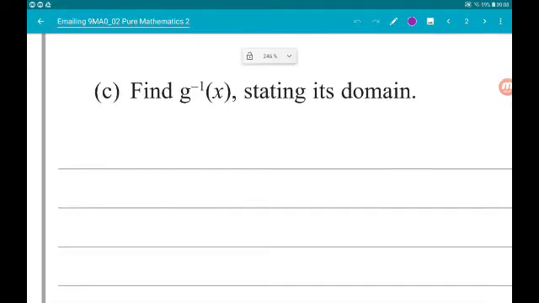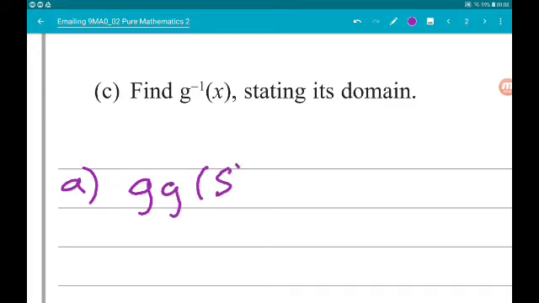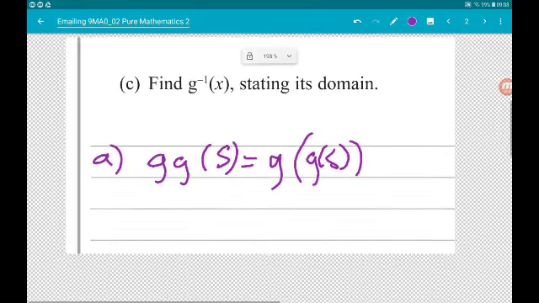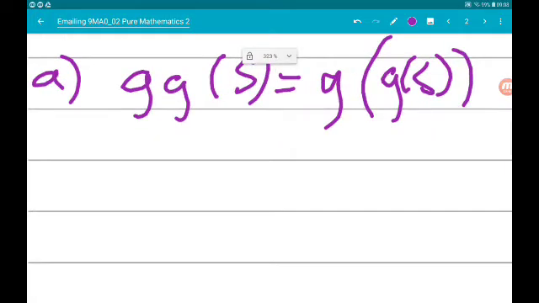Okay, so to do this, g of g of 5 means g of g of 5. So let's first of all find g of 5.